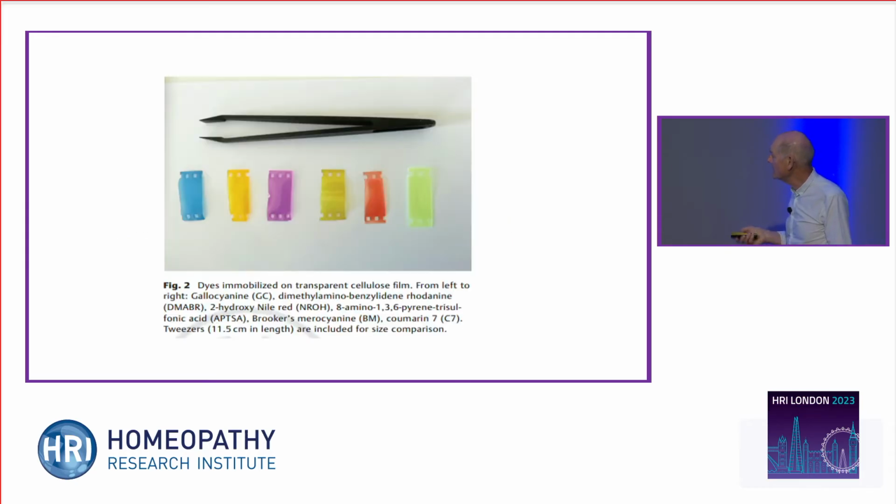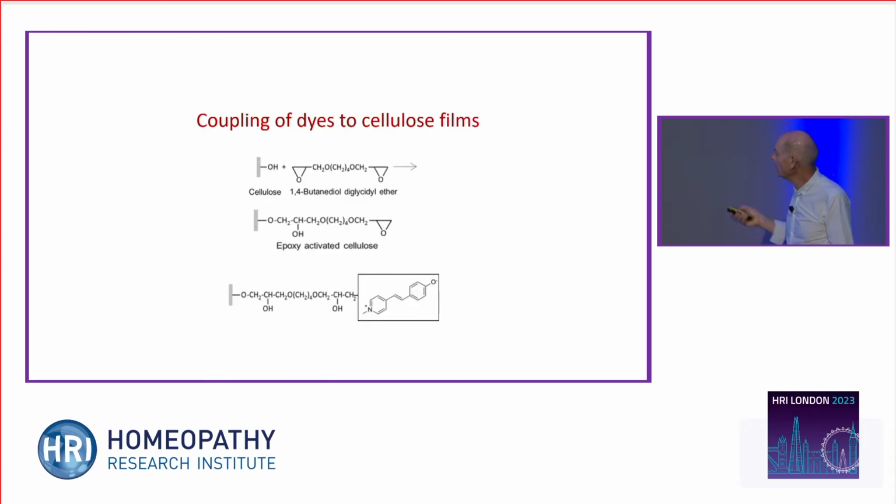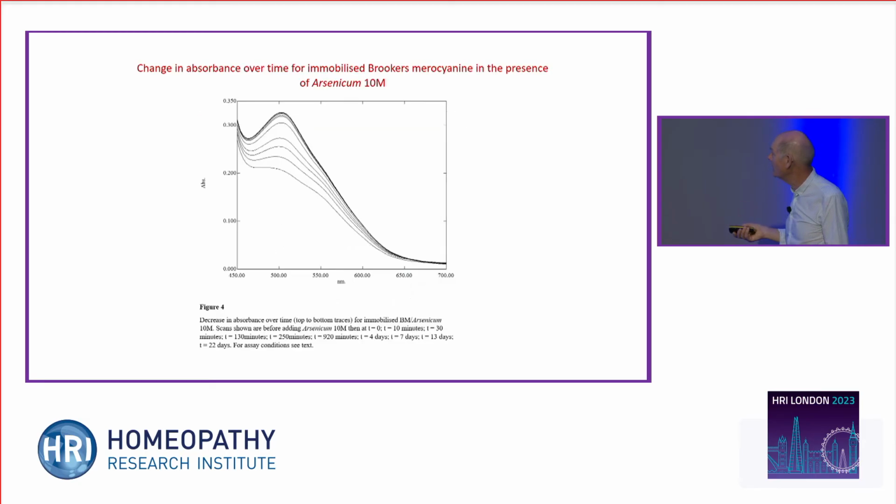There's an example of some of the dyes that have been immobilized, so there's a nice range of colors. I'm going to focus on Brucher's merocyanin, which is this one here. The Brucher's merocyanin has been coupled to epoxy-activated cellulose. You don't need to know all of that, but it's a recognized method of doing things.